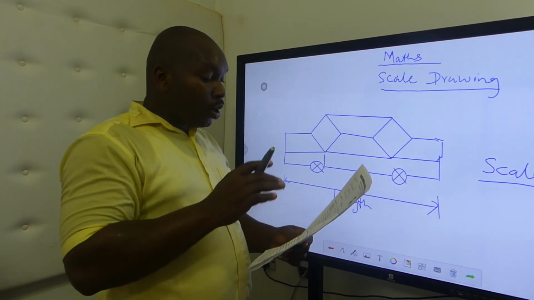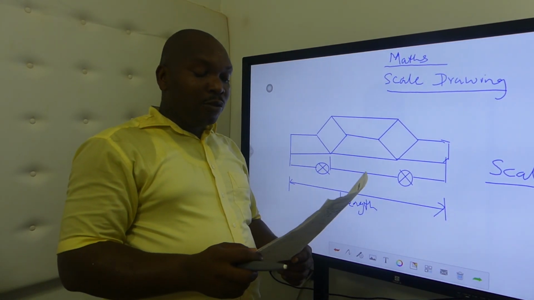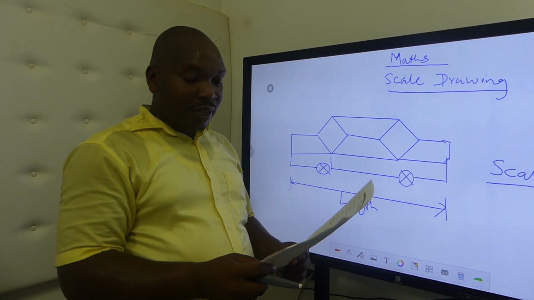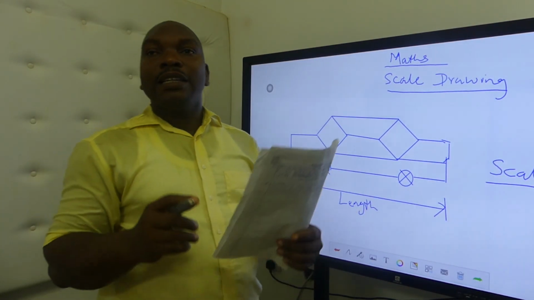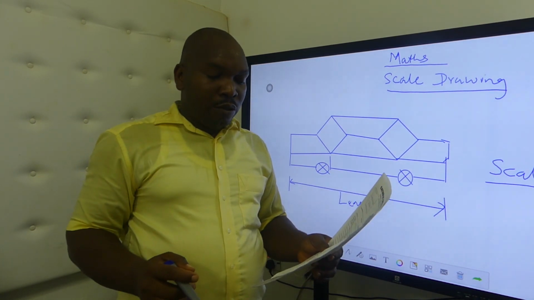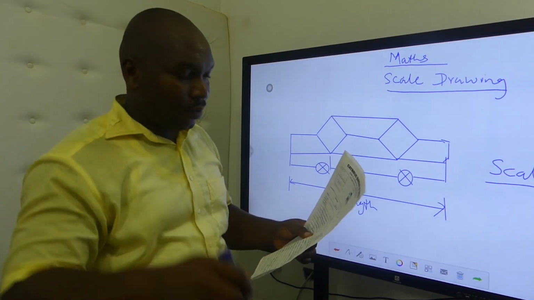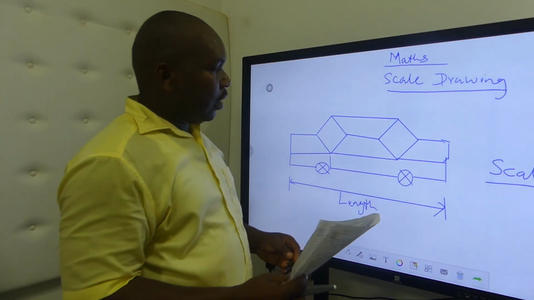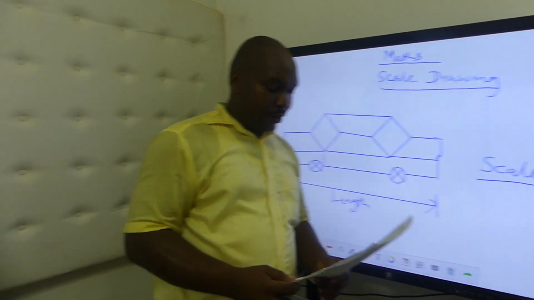But for you to draw it, you have to use a scale, and that scale is said to be model size to the actual size. The size you want to reduce it to, the ratio to the actual size of that object. That is what we mean by scale.